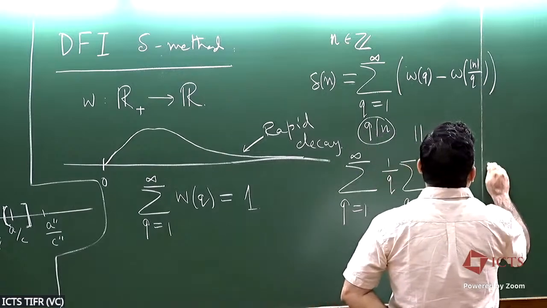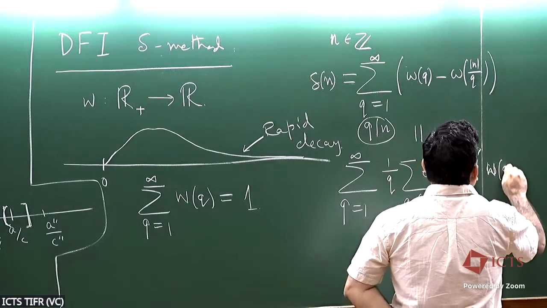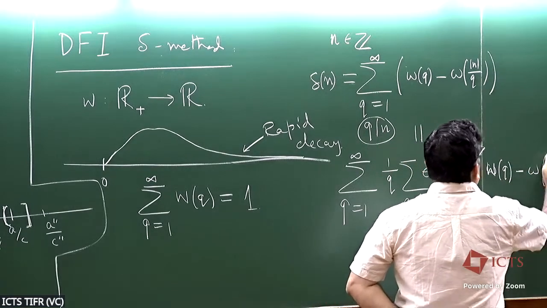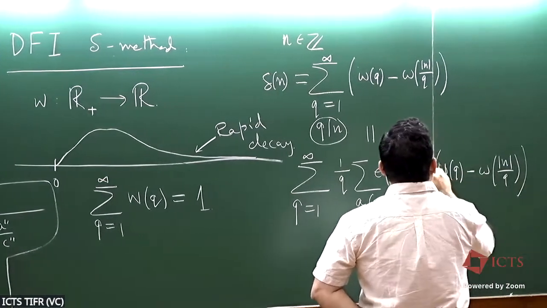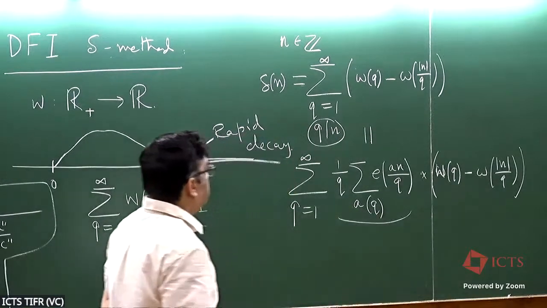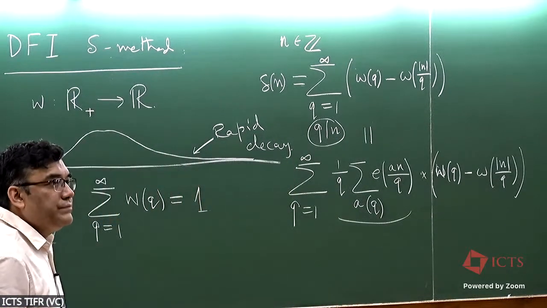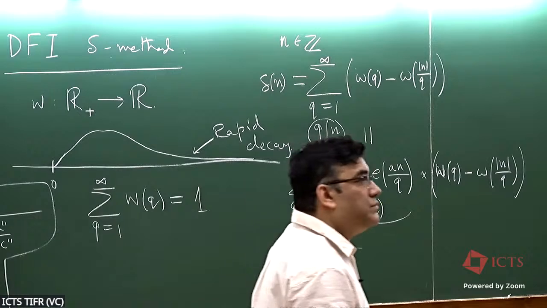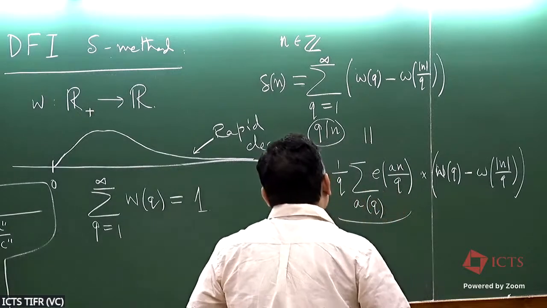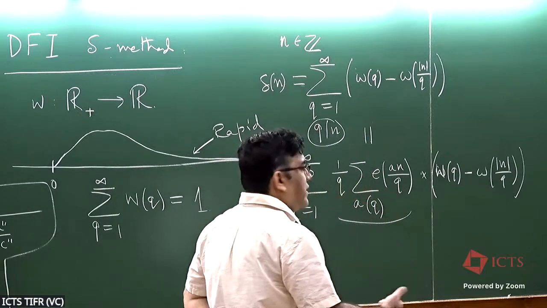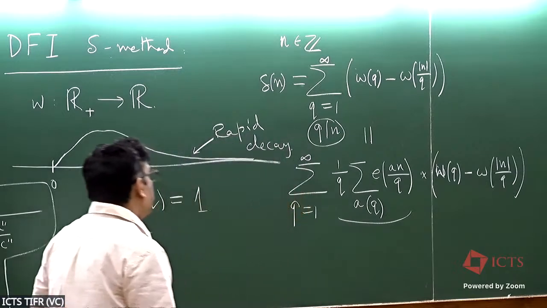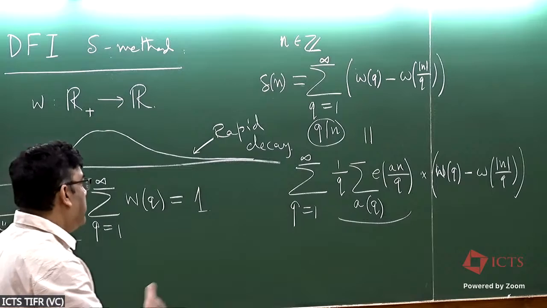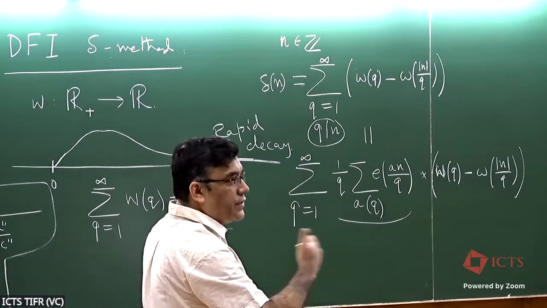And then you have w(q) minus w of the absolute value of n by q. At the end it's not necessarily non-negative, it can take any values. But you have to put some differentiability conditions so that it is nice.